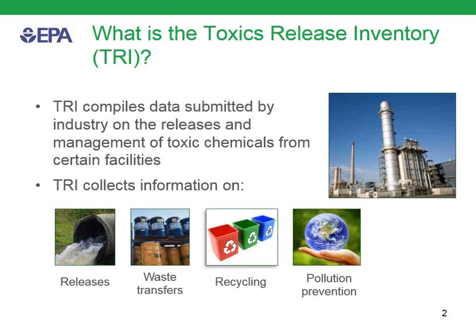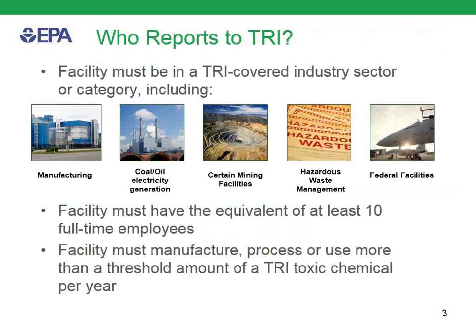This is a regulatory program, and covered facilities submit information on releases and management of listed toxic chemicals at their facilities. That includes information on releases and transfers of toxic chemicals, but also information on what facilities are doing to avoid the release of the toxic chemicals through things like recycling or pollution prevention.